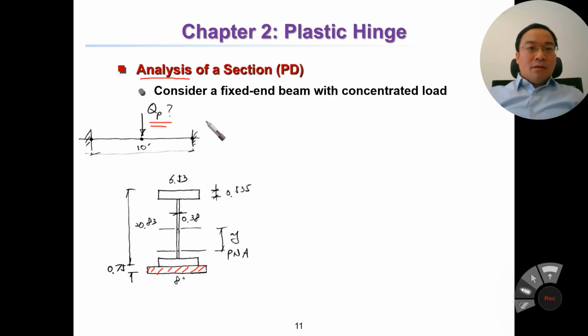Then to determine QP, this is the I section. Okay, I section. So with this section we have Z equal to 110 and we use A36 still, meaning sigma y equal to 36.